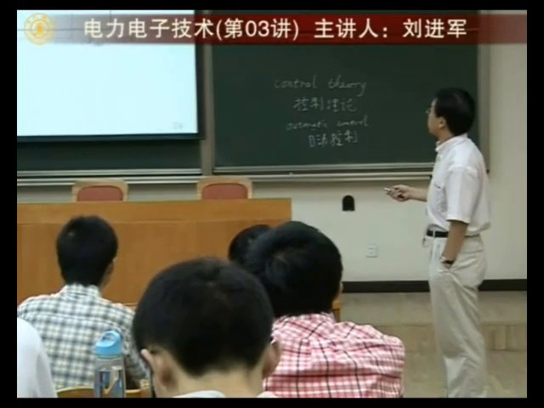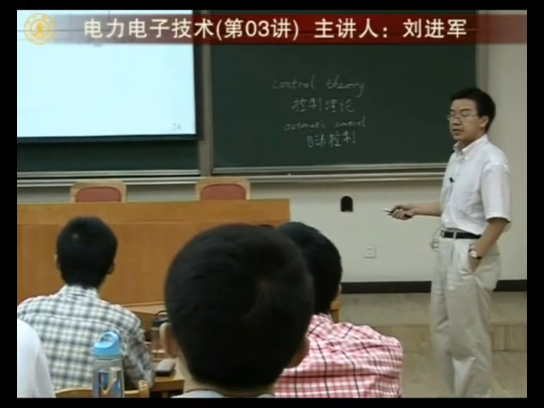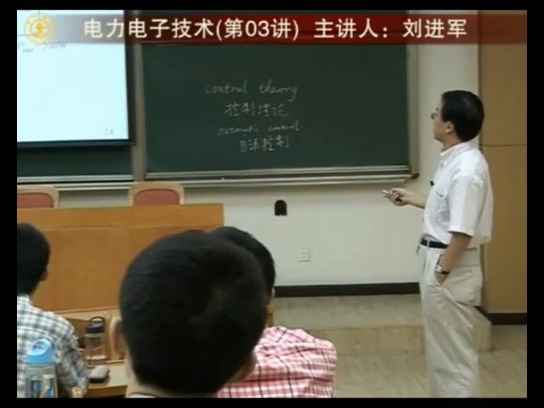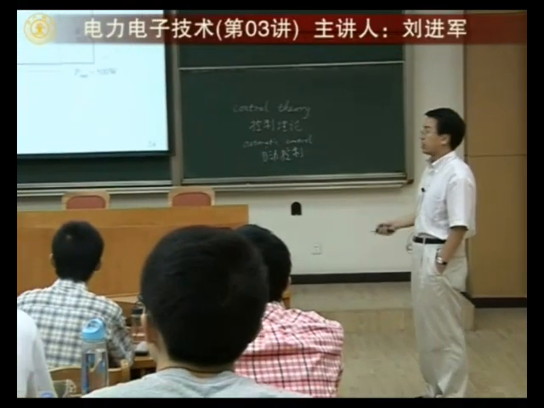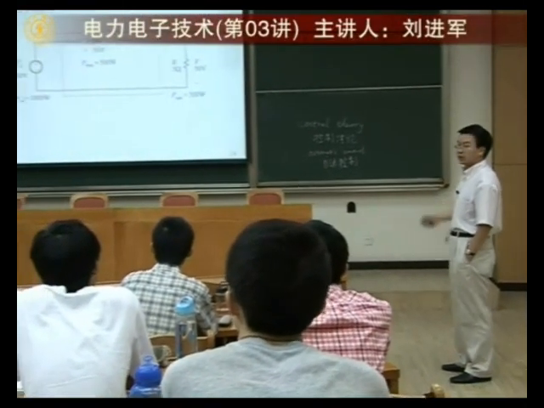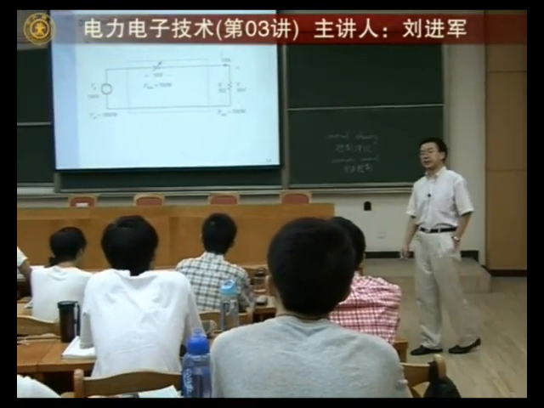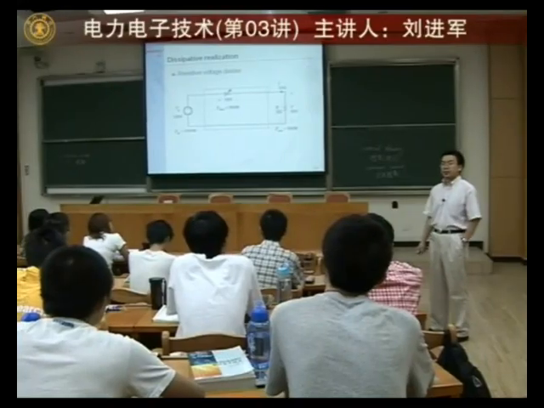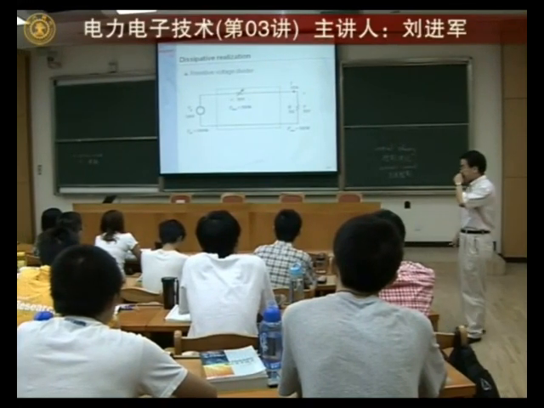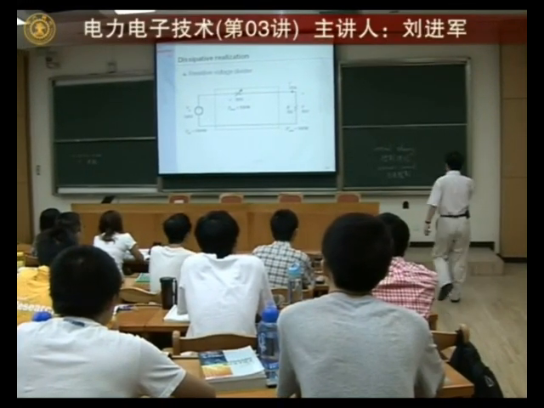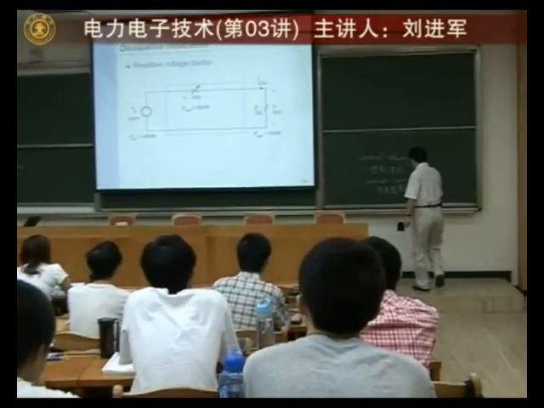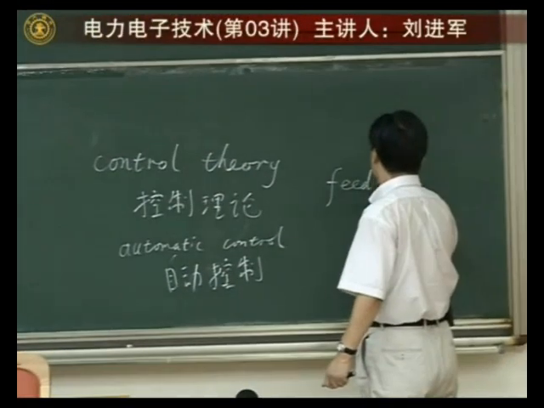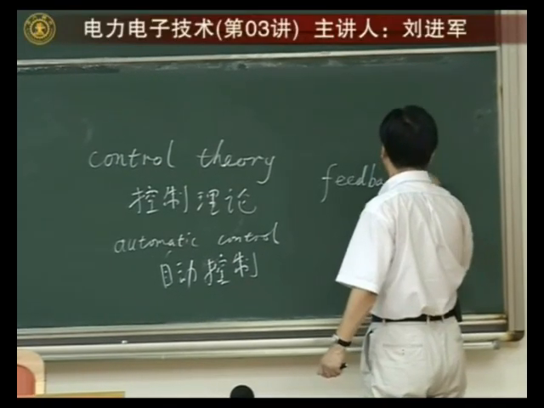That means, for example, here, how can we automatically deal with the disturbance from the load and disturbance from the input and make sure the load voltage is always exactly 50 volts. Okay. And the basic idea in control theory or in automatic control is what we call feedback control.